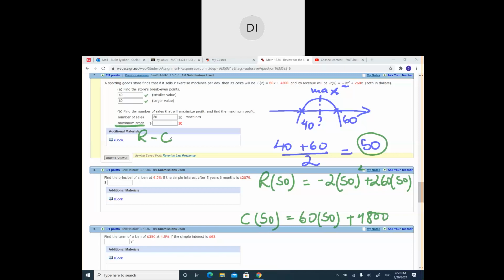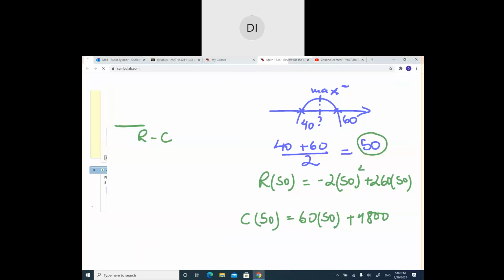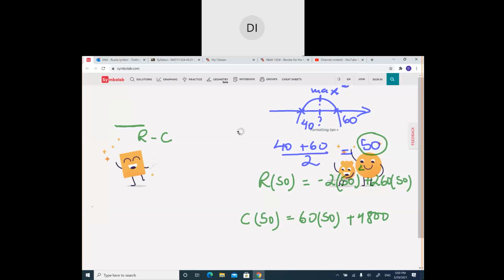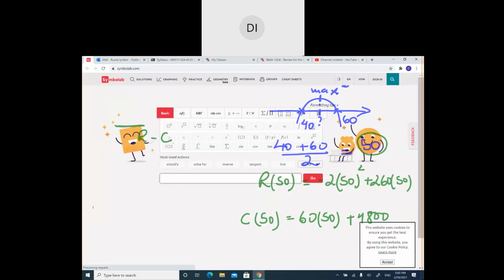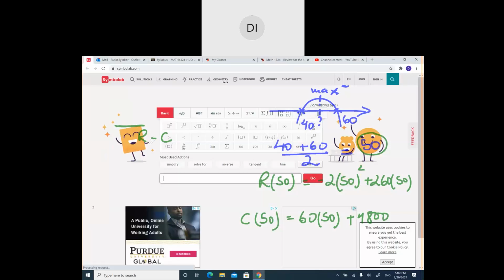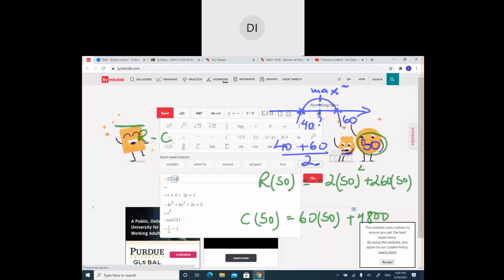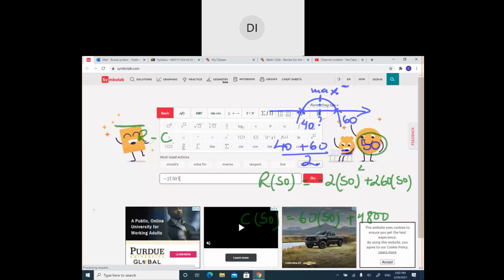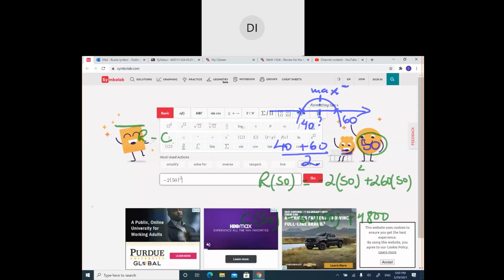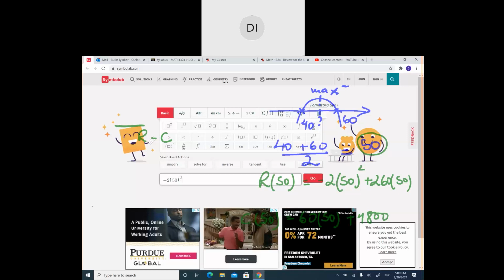Okay, so you can use the symbol up or you can just, let's use the symbol up. So you have negative 2. Have a little symbol up here. Okay, so I'm going to plug in negative 2 times 50 squared plus 260 times 50.